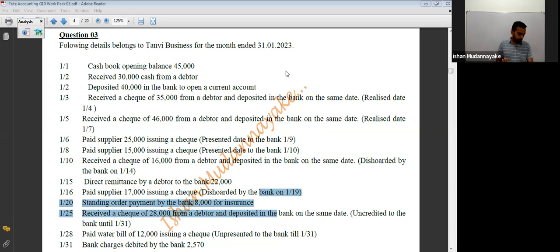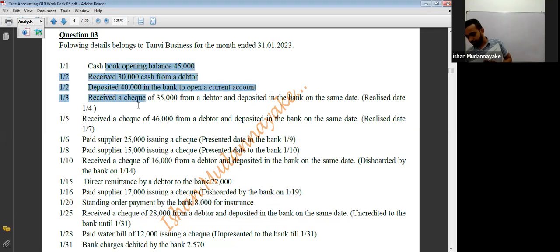Here, cash book opening balance 45,000, received 30,000 from a debtor. Students, these are the transactions of the business organization. To discuss this question, I am not going to draw a structured format of the cash book and bank account.